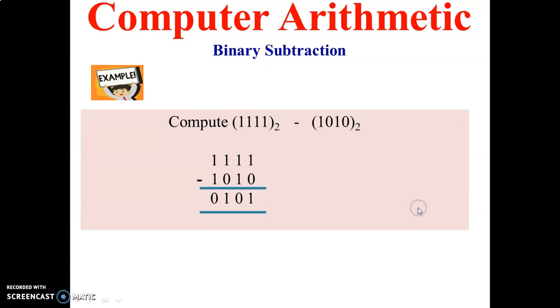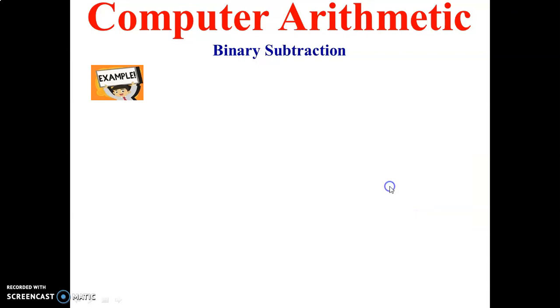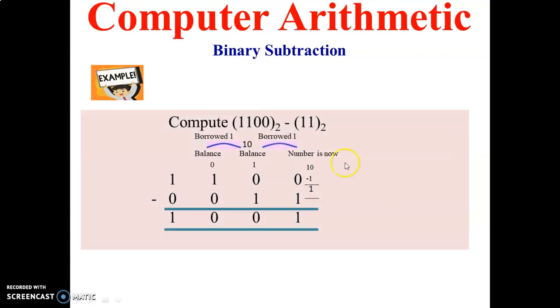Now we will understand how to borrow numbers with another example. We are going to subtract 11 base 2 from the number 1100 base 2. For that we have to arrange the numbers like this. If we want to subtract 1 from 0, we have to borrow from the next number.